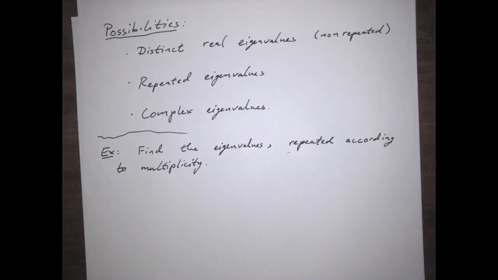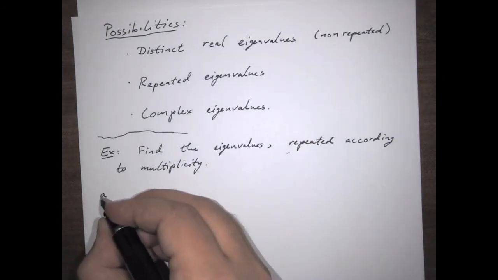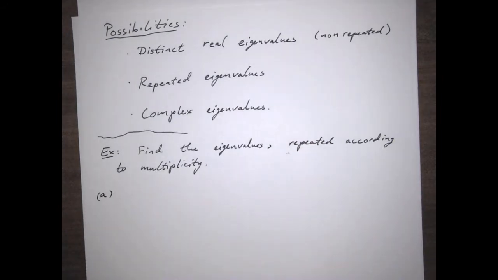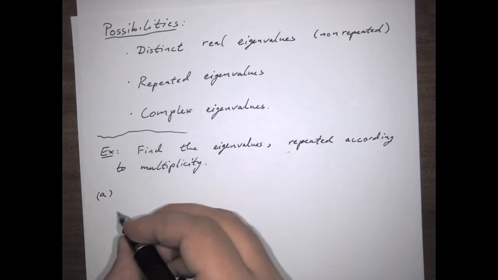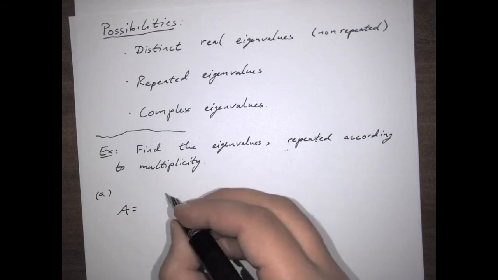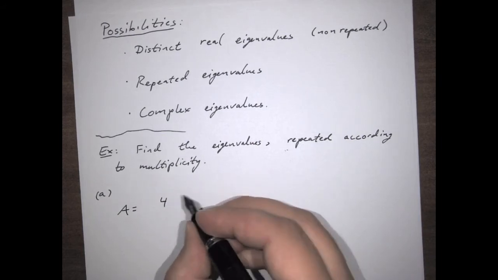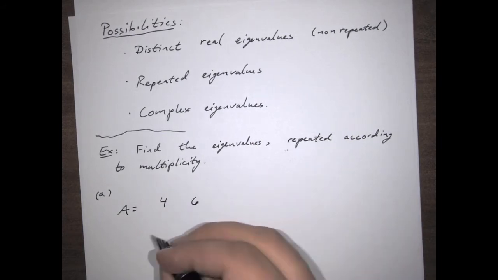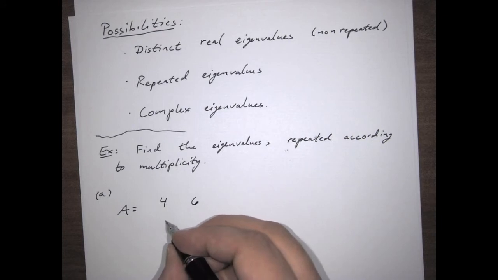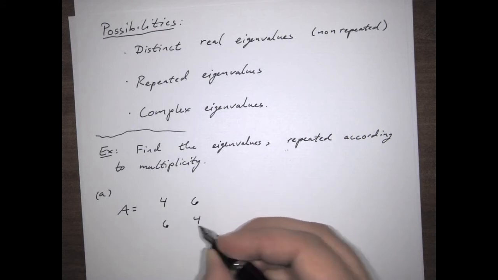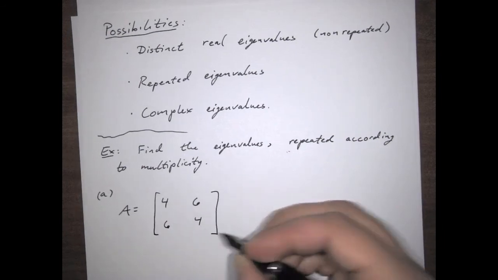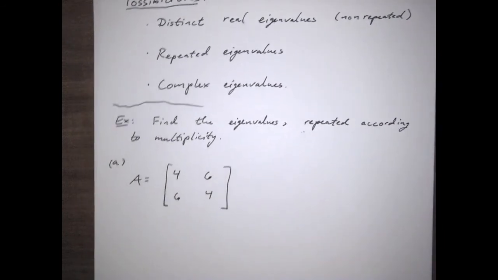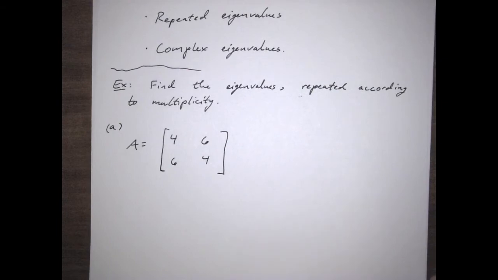Okay, so let's take as our first case something like this. Let's go with A equals the matrix 4, 6, 6, 4. All right.